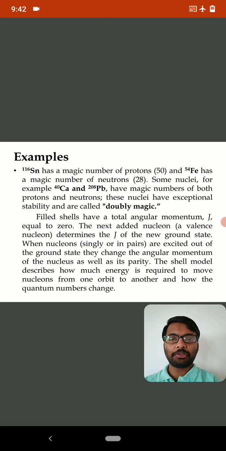So this shell model describes how much energy is required to move nucleons from one orbit to another and how the quantum numbers change.